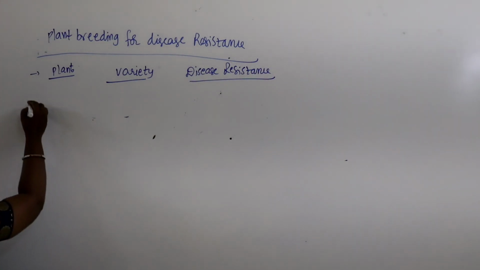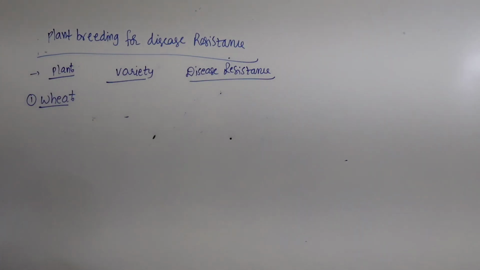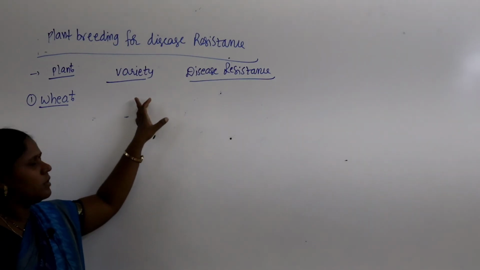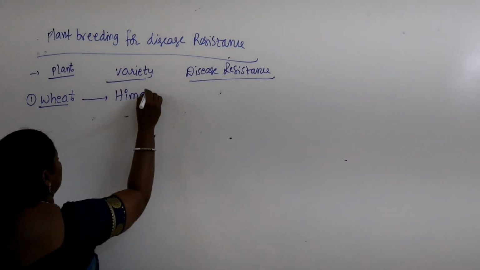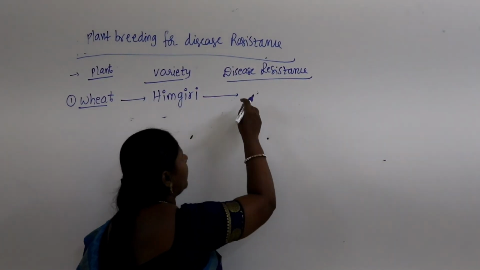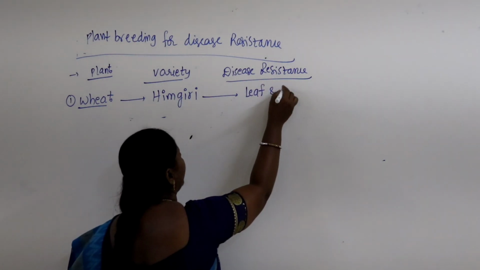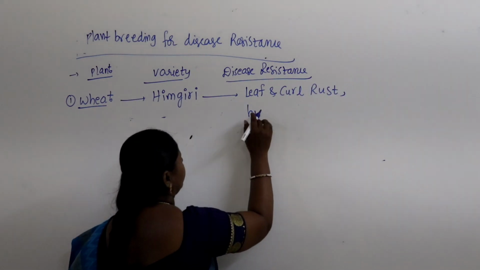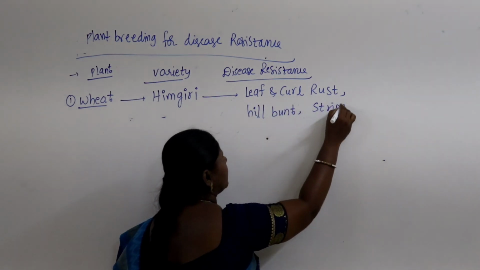Okay, so the first one, wheat variety. Normal wheat variety, the one they made disease resistant is a variety they created, referred to as Himgiri. It shows resistance to leaf and curl rust and hill bunt. You can also write stripe rust.